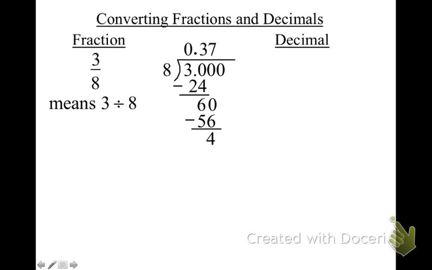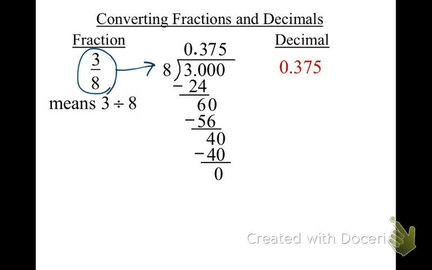Bring down my 0. And now I know that 8 times 5 will give me 40, so I put a 5 up there. 8 times 5 is 40. We subtract. I get 0. So what's my decimal? My decimal is 0.375. So this is how we take a fraction, we do long division, which will convert it into a decimal for us.